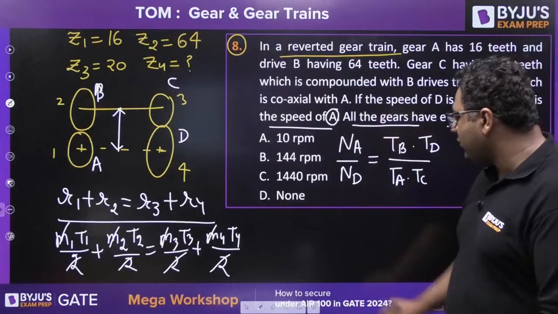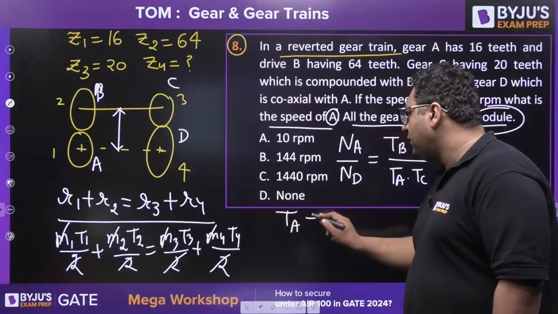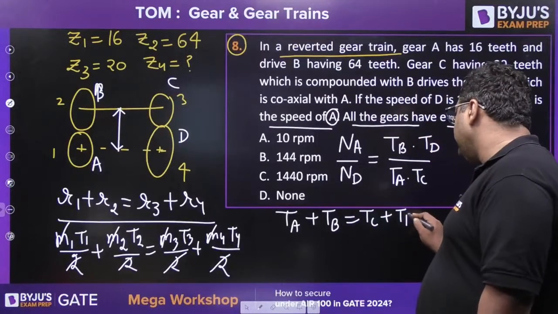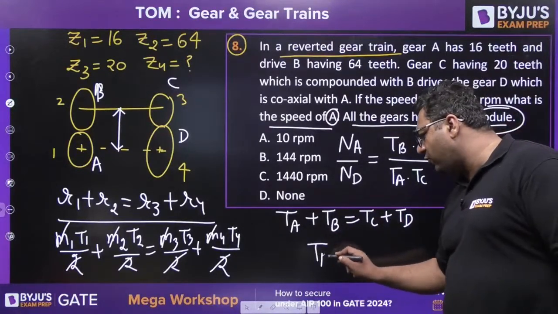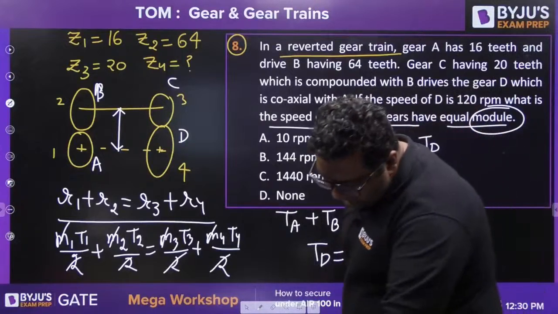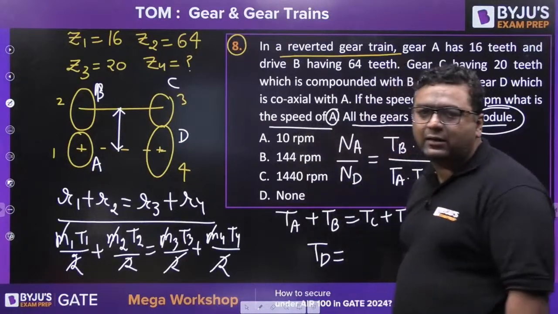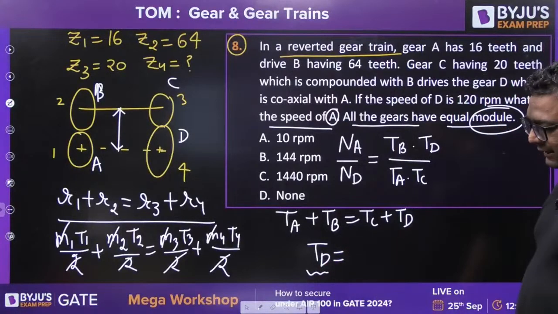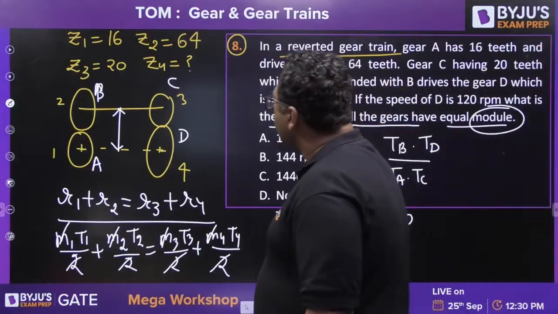So you will get the equation TA plus TB is TC plus TD. This will give you the value of TD, the number of teeth on D. What are you getting, guys? Please tell me that.